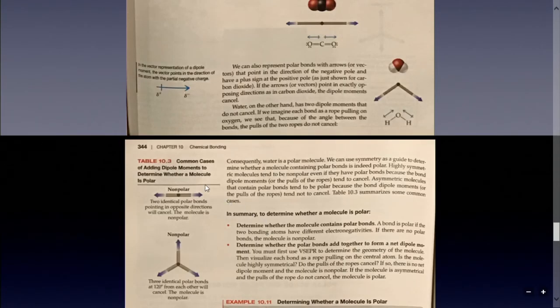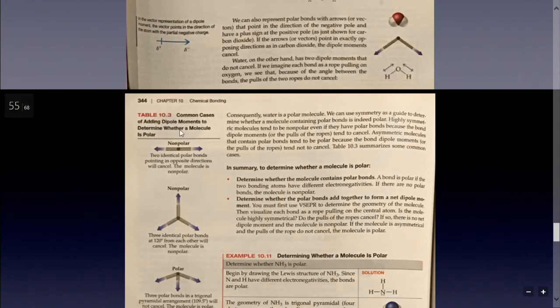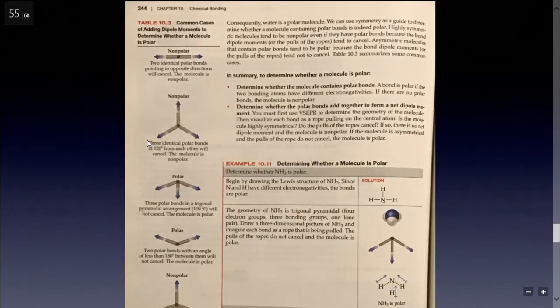So let's look at some common cases of adding dipole moments to determine whether a molecule is polar. But before we do that, in summary, we need to remember something, because a lot of students get confused every year when I do this. I ask them to determine the polarity of a bond.